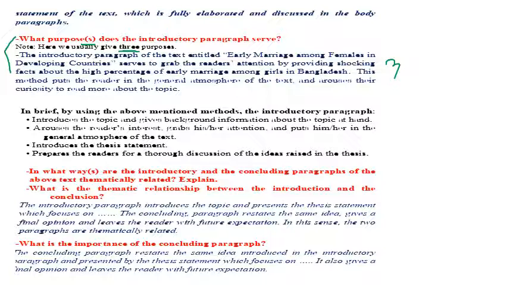If I want less than that, I will tell you two purposes. Okay, if I don't specify, you need to provide me with three purposes. Now, in brief, by using the above mentioned methods of introducing a text, the author gives background information about the topic, arouses the reader's interest, grabs his or her attention, and puts him or her in the general atmosphere of the text, introduces the thesis statement, and prepares the reader for a thorough discussion of the ideas raised in the thesis.